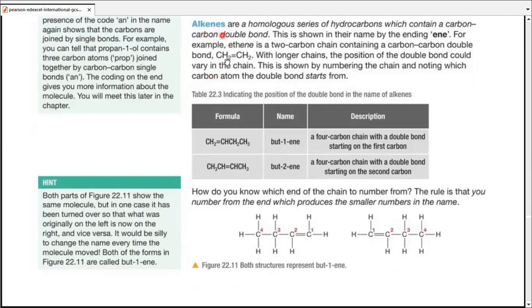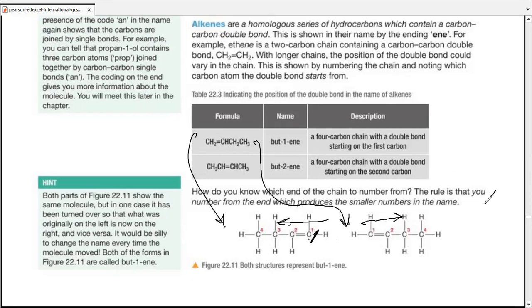This structure has been drawn over here, and he's trying to show you the same structure, with just the difference that we have to number the structures in order to get the same thing. The structure is sideways or numbered like this, but actually they are the same structures. Both double bonds start from the first carbon atom. Take a look, the double bond is between carbon atoms number 1 and 2.